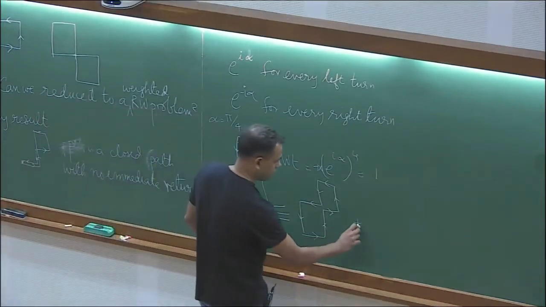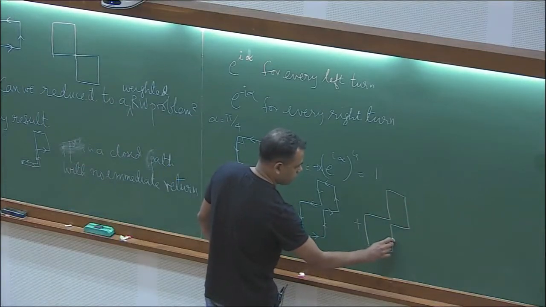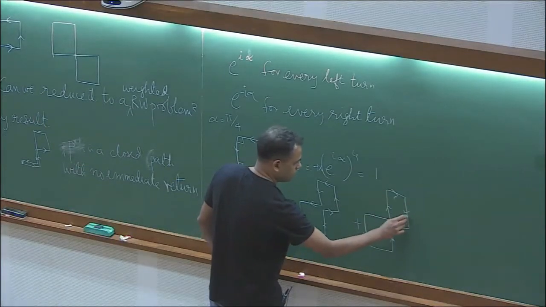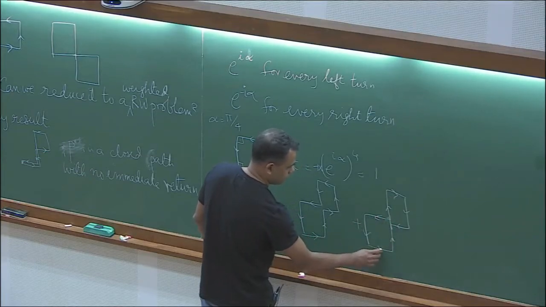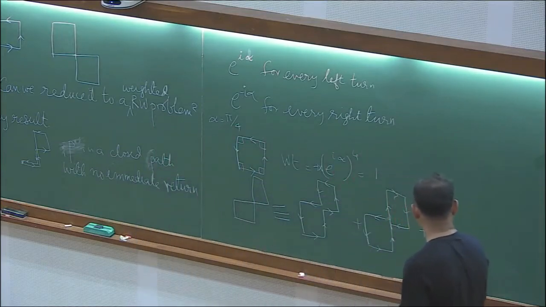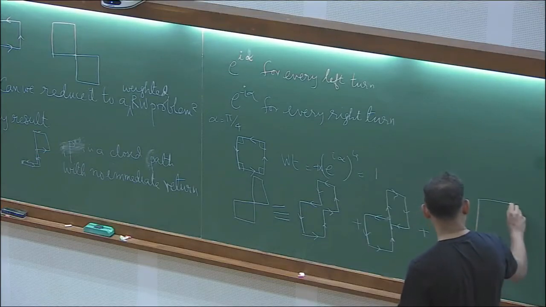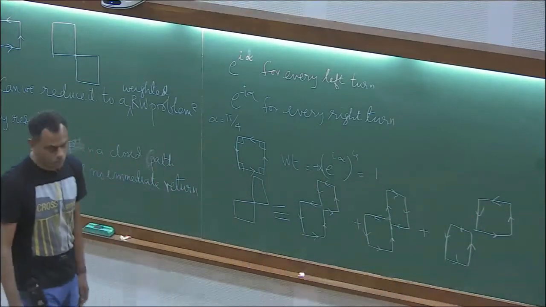Another one, so this has an intersection. Plus, the last way is to draw. So this corresponds to 2 walks. There are these many ways of drawing the arrows.